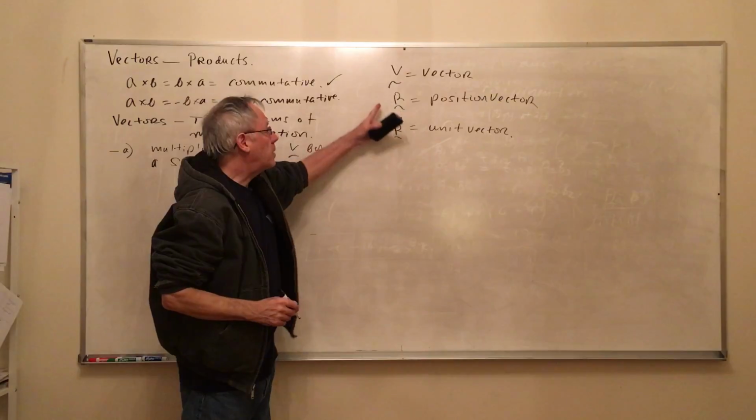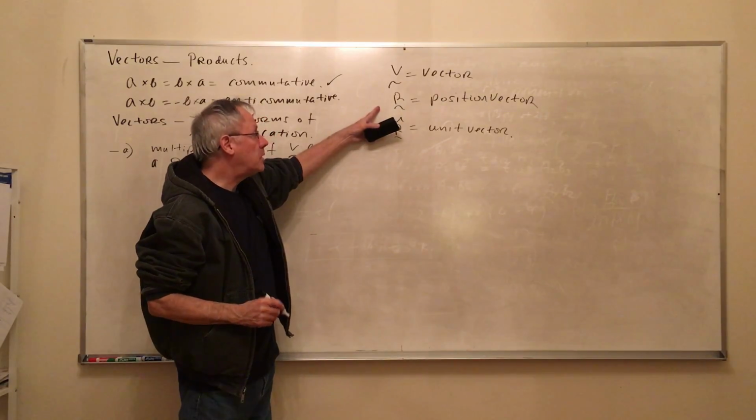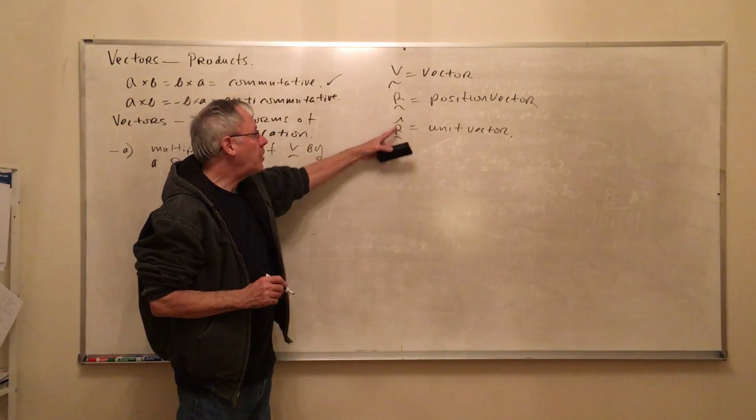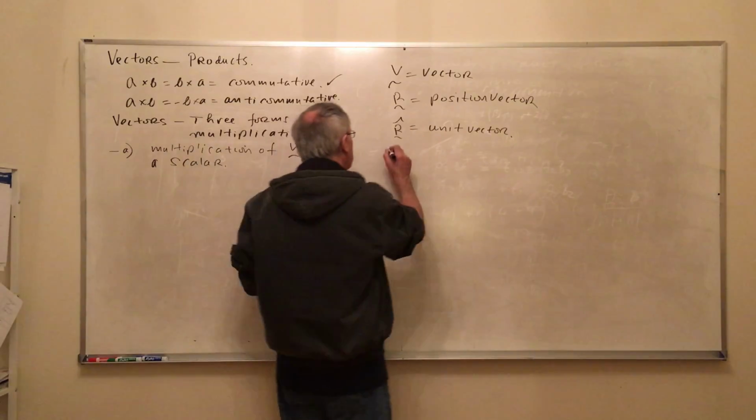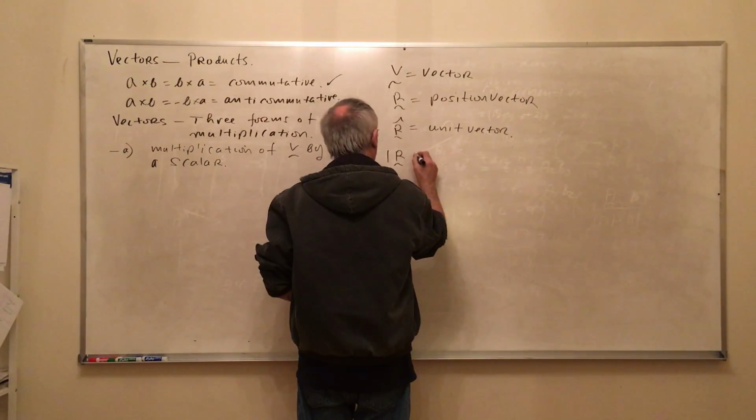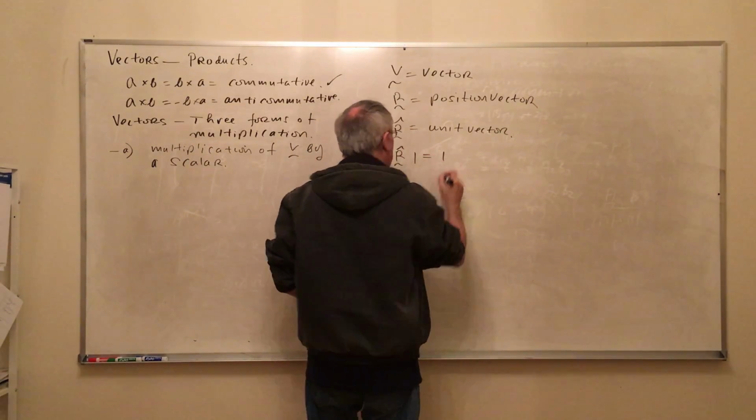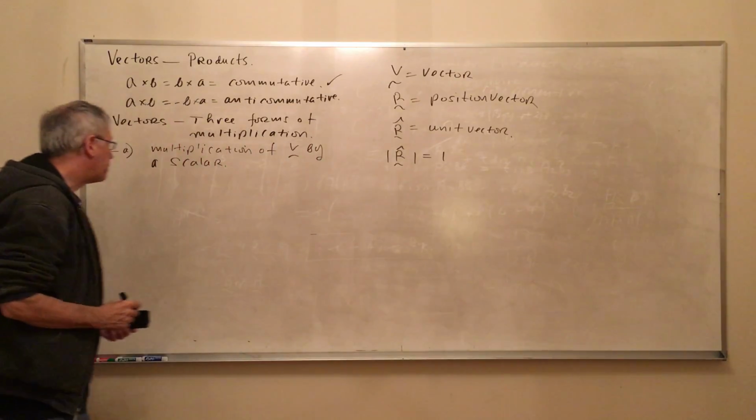V is just a vector, or is a position vector, which is a very special vector. When you put a hat over it, it means a unit vector. It means that the magnitude of that vector is 1 unit.